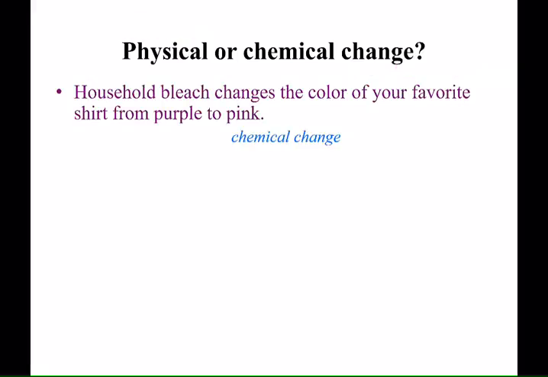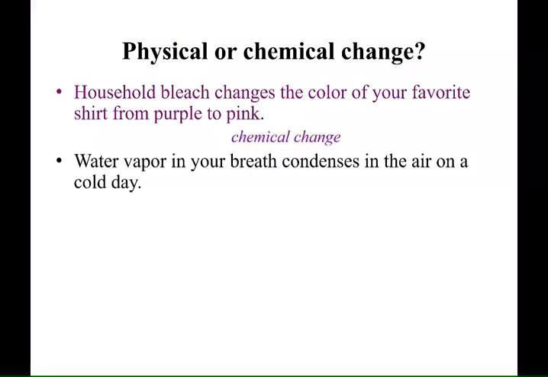What else do we have? Water vapor in your breath condenses. Now, anytime, think of what condensation is. Condensation is a phase change. What I mean to say is in this case, your water vapor is going from a gas to a liquid. That's why you can see it. So any sort of phase change must be a physical change.